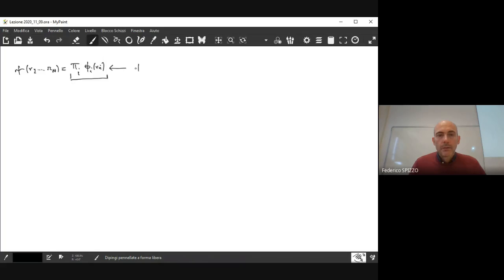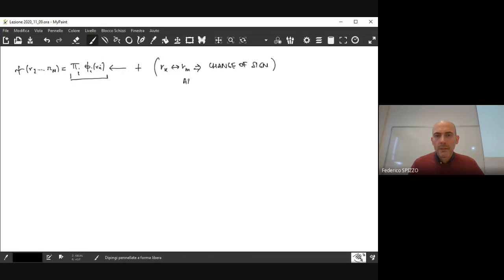but to that we have to add the fact that if we exchange two electrons, we expect a change of sign in the electronic wave function.